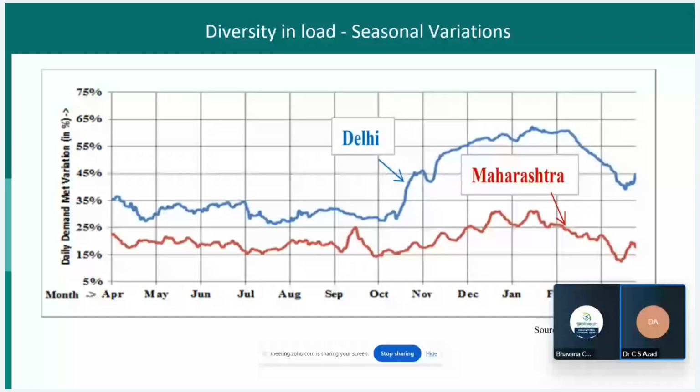But in Maharashtra, for example Mumbai and the Pune area, you have a similar climate around the year. So your load may be slightly flat as compared to Delhi. In Delhi, the load variation will be more because of the climate. Next.